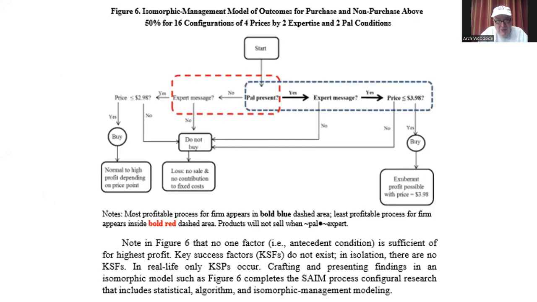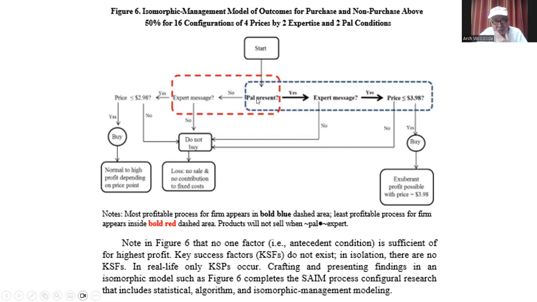I'm going to just show you this. This is a logic diagram of what we've looked at. You might show this to a manager, that if a PAL is present and you use an expertise condition, you could end up charging a higher price and get the same sales result.